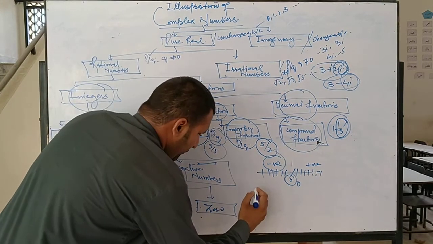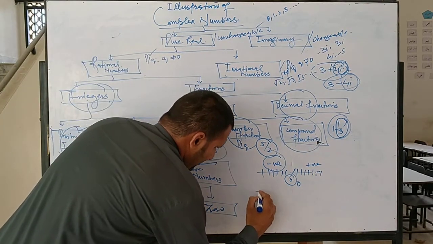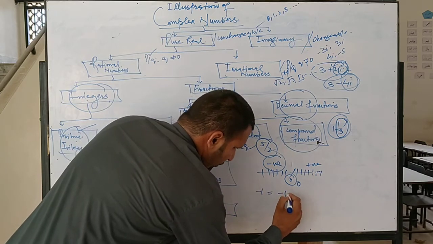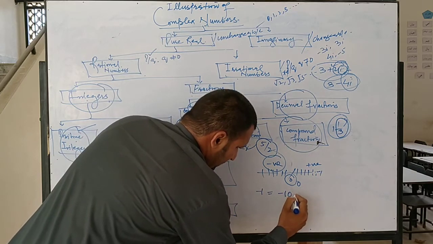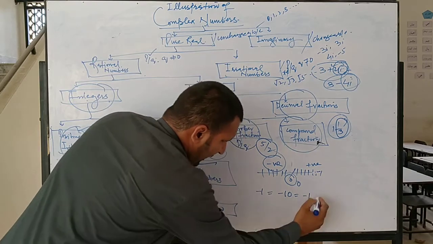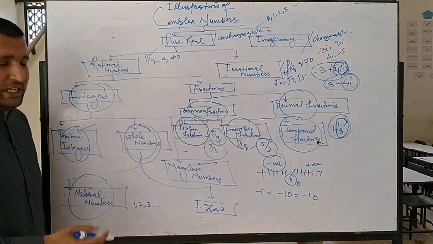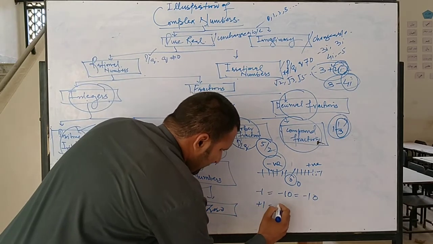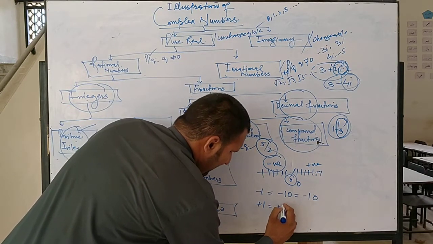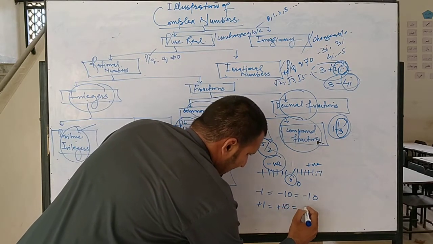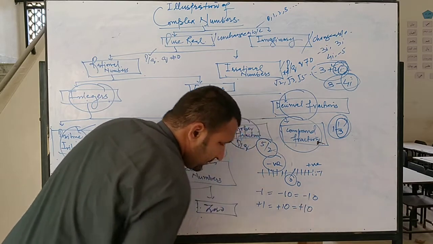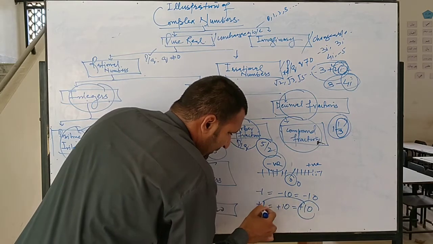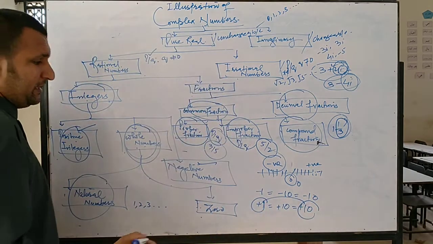Let's suppose we take the value -1 and add 0, it is equal to -1, but 0 does not change the statement of negative. And +1 plus 0 is equal to 1, but 0 does not change the statement of plus.